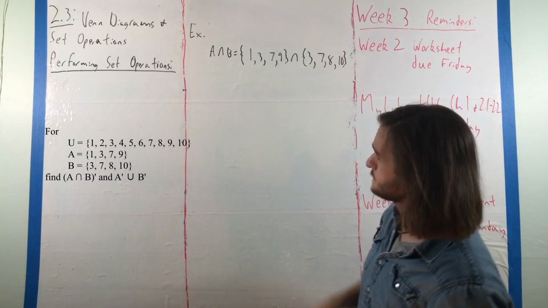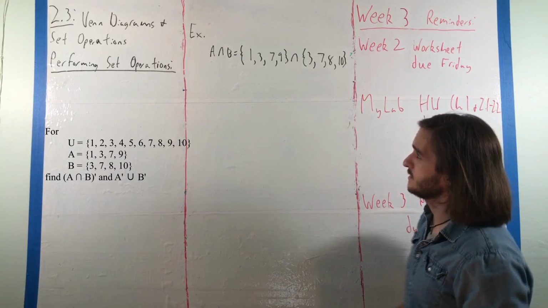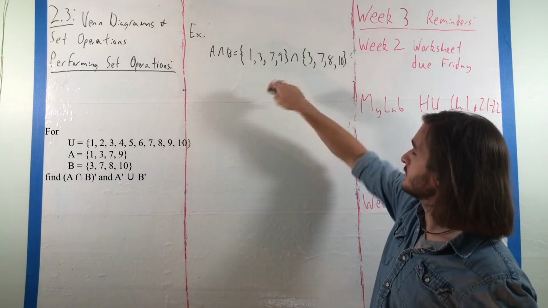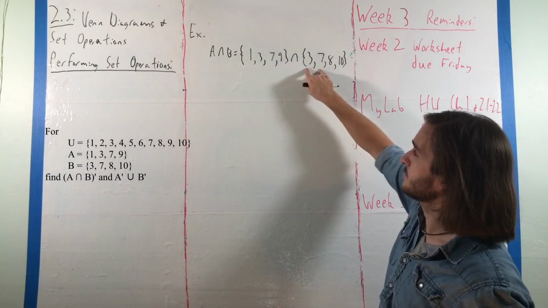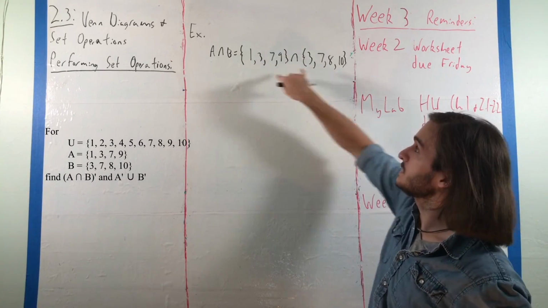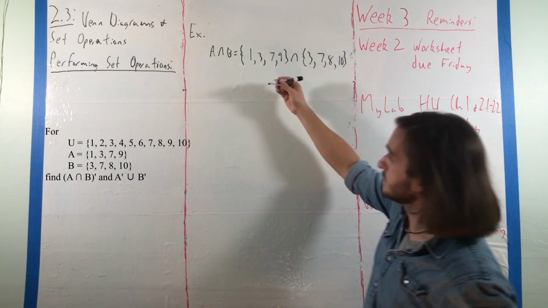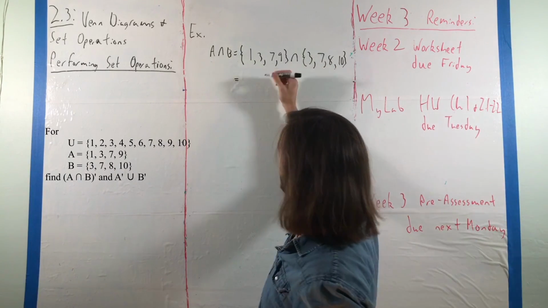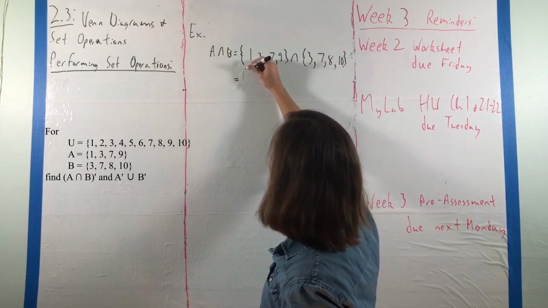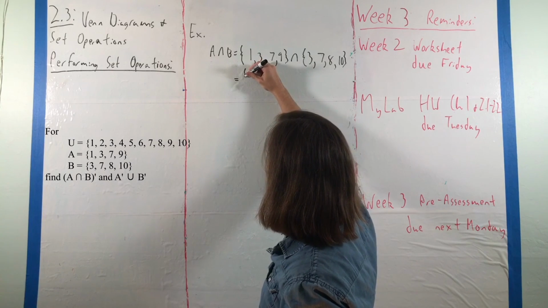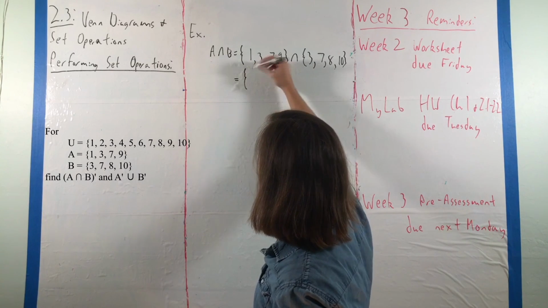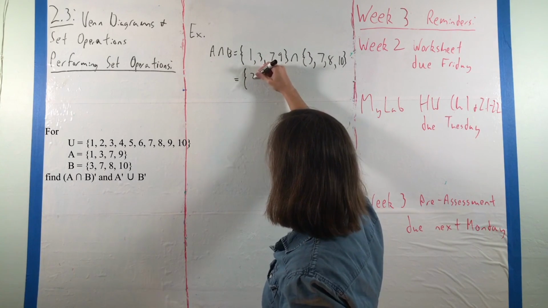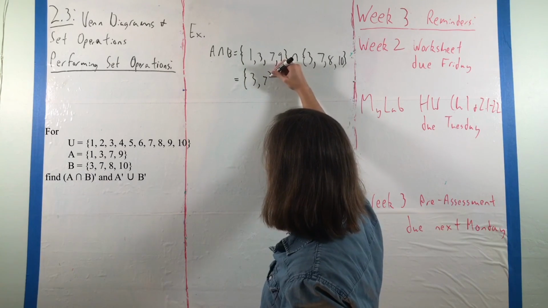So what we want to do is identify what is in both of these, where we can see that 3 and 7 are both in there, 1 and 9 is just here, 8 and 10 is just there, so our intersection would end up being {3, 7}.